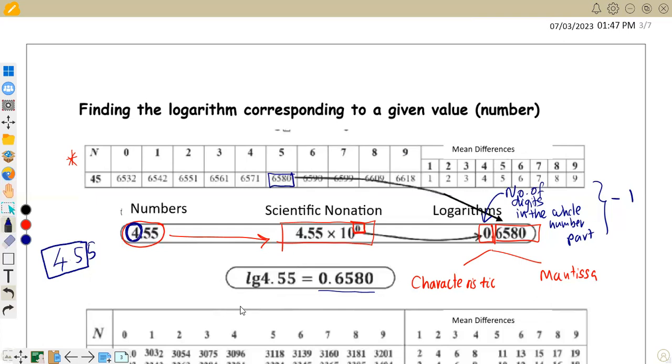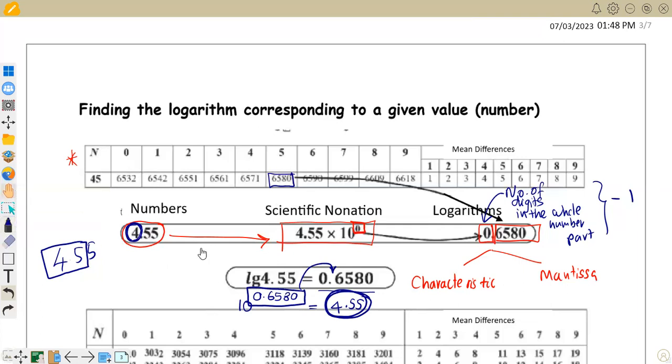That means when we write it as a power of 10, 10 to the power of what, 0.6580, is equal to 4.55. That means when you write 4.55 as a power of 10, its index is given by this log value, or the logarithm.